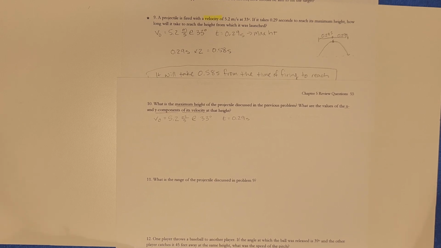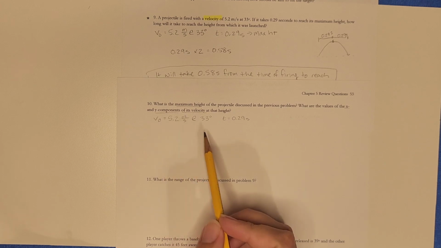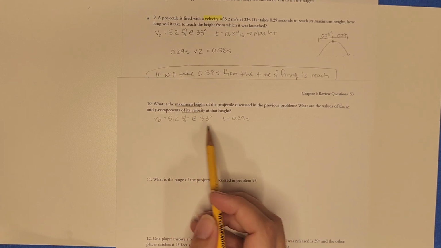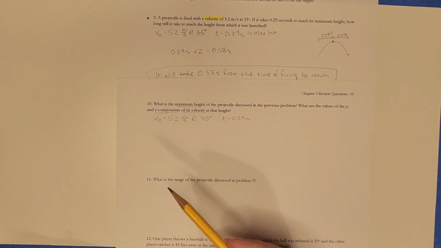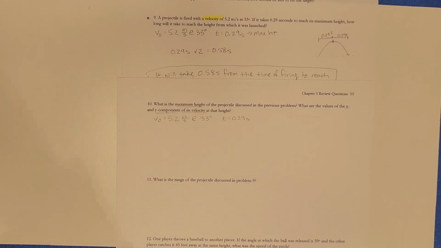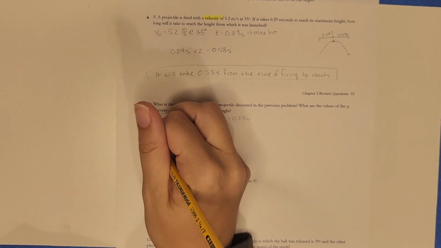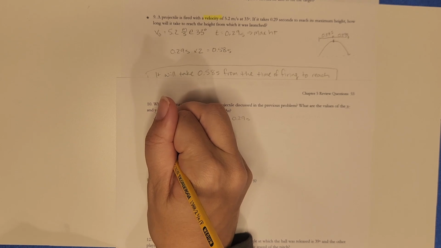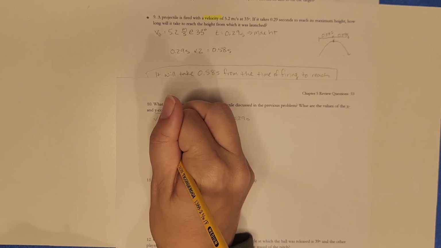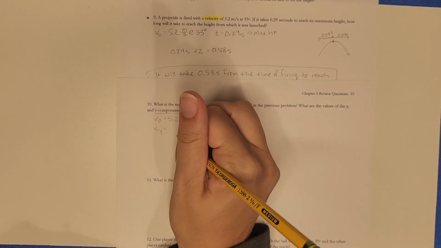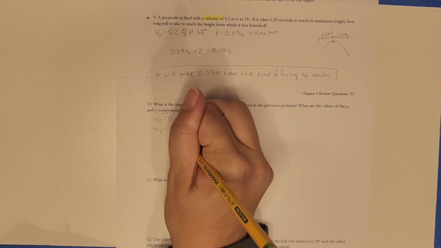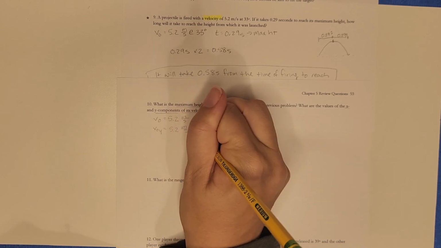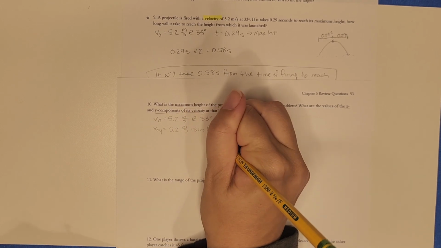And a good place to start when we are given a velocity and a degrees is let's go ahead and separate that out into the x and y components. Okay, so the v naught y, I'd just like to do y first, is going to be 5.2 meters per second times the sine of 33.